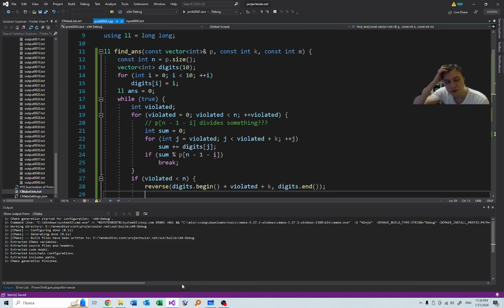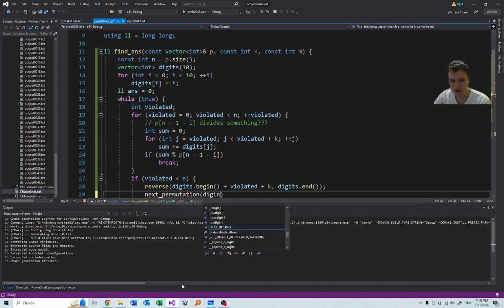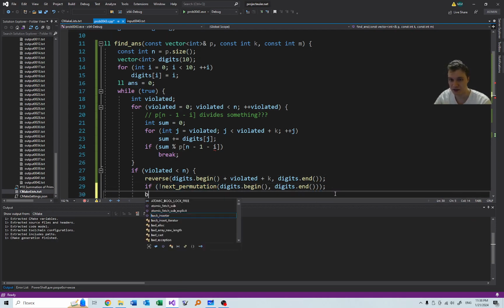After that, we need the next permutation of digits dot begin and digits dot end. But if we failed, then we need to break from the cycle.